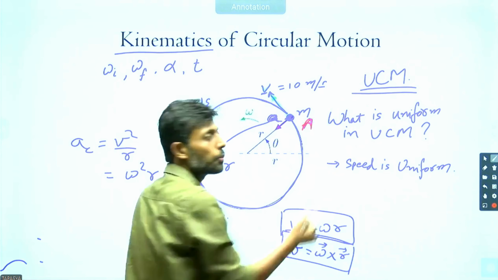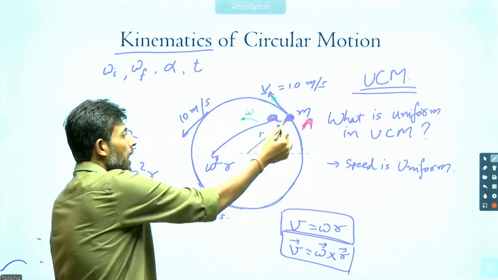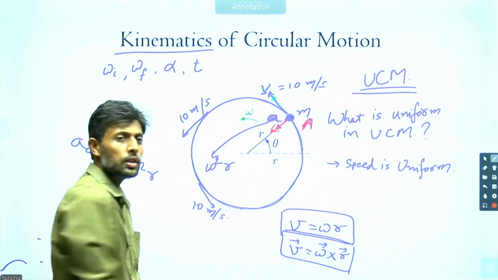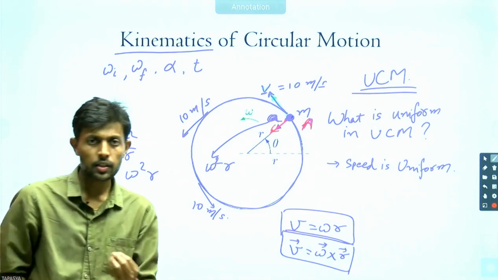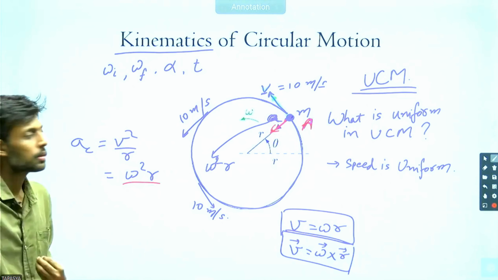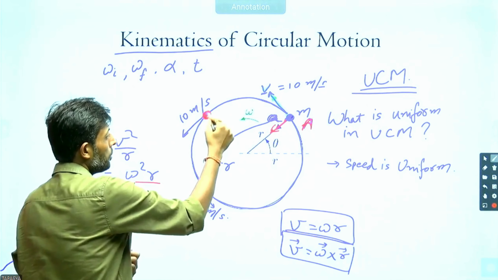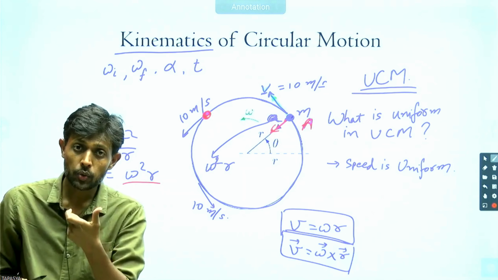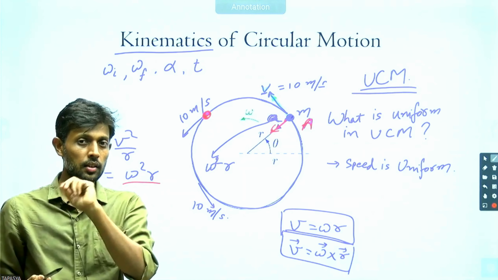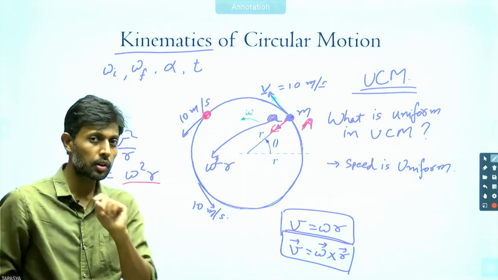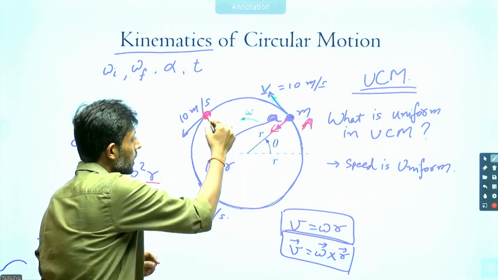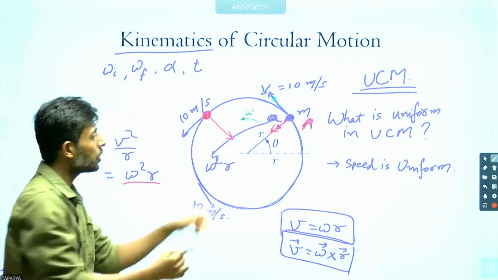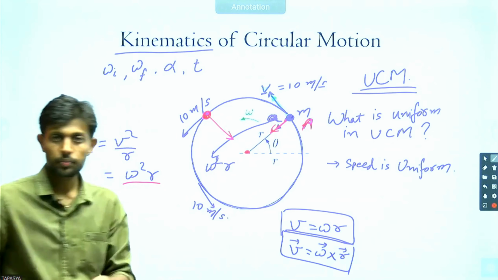When the object is at point A, the acceleration is directed this way. And what is the magnitude of this acceleration? It's omega squared r. When the object is at point B, the magnitude of acceleration is still omega squared r, but what is its direction? Is its direction the same or different? You would see that its direction is always pointing towards the center of the circle.